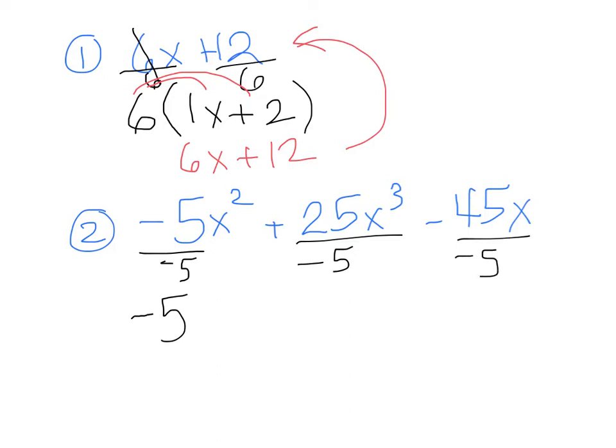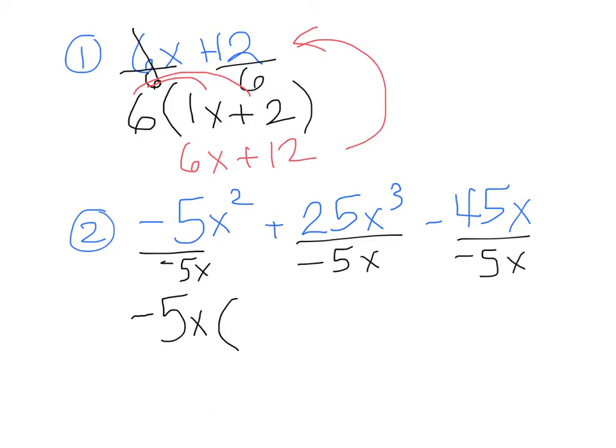And then if I look at all 3 terms, I can see that each one of them has an x. This one has an x squared, this has an x cubed, and this has an x. So my smallest exponent on my x's is 1. So I can factor out an x to the first power.